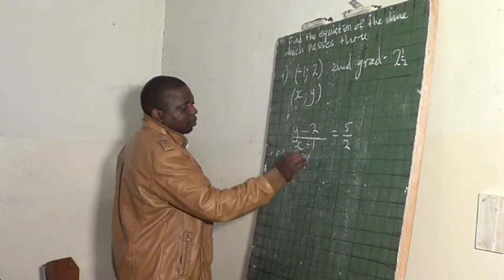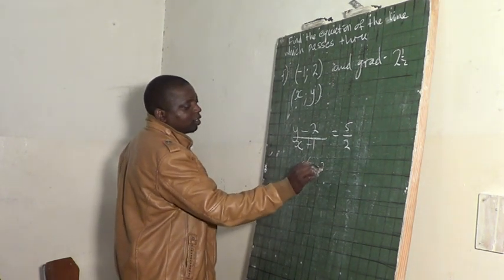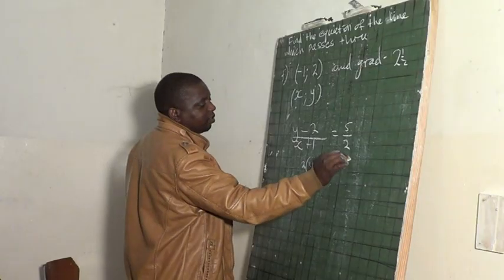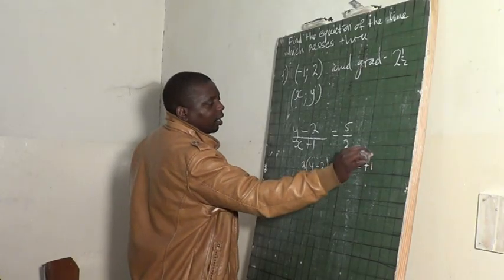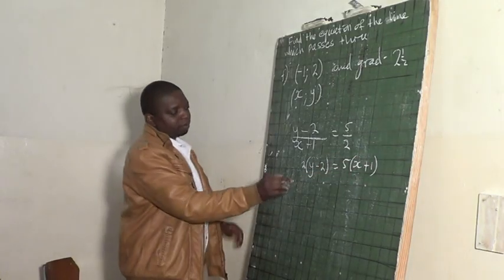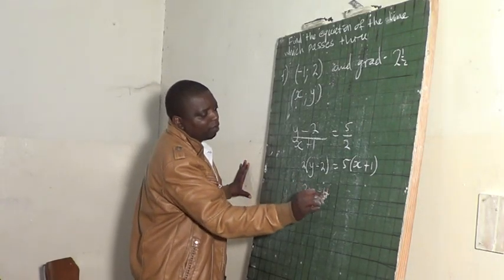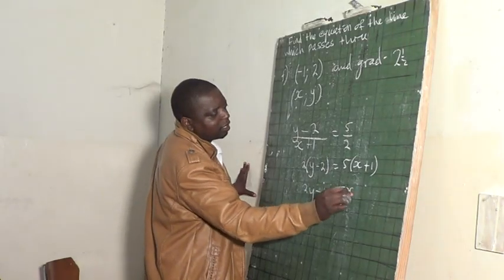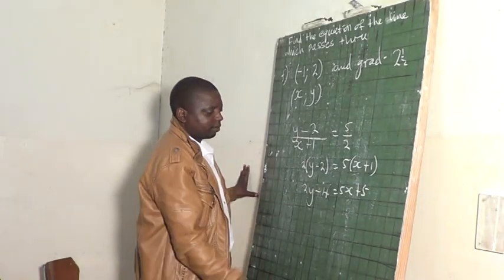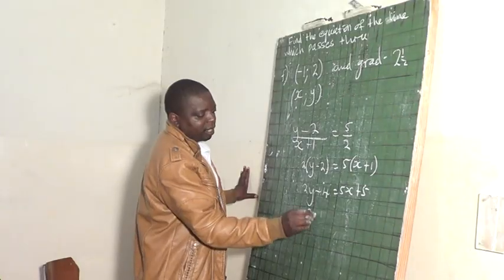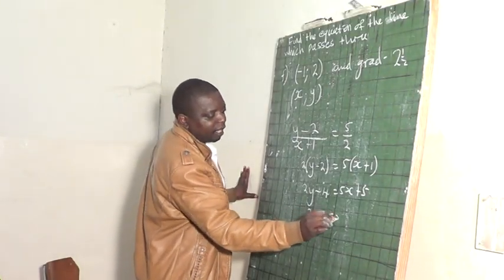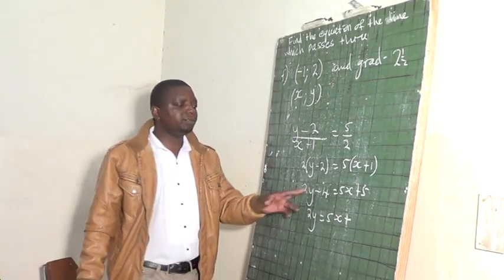Fractions. So it becomes 2 in brackets y minus 2 is equal to 5 in brackets x plus 1. Removing brackets gives 2y minus 4 is equal to 5x plus 5.